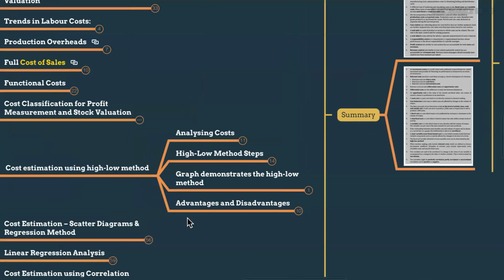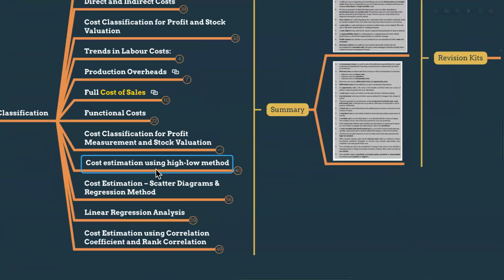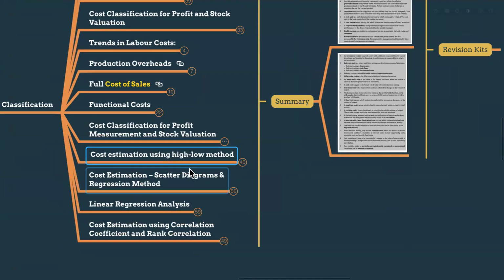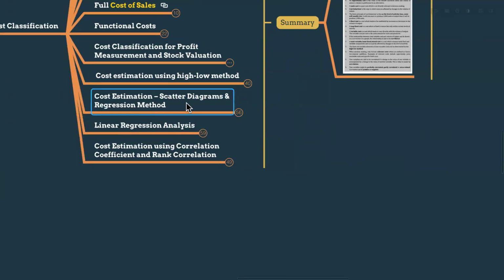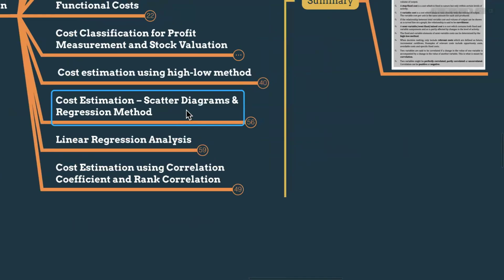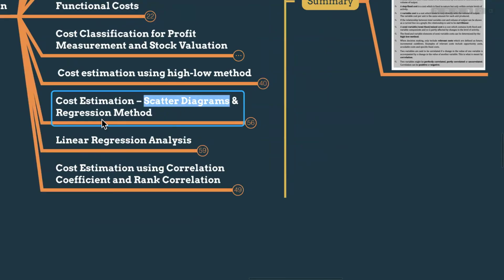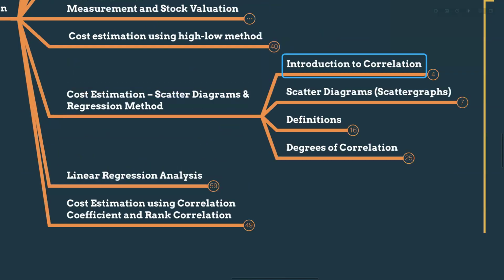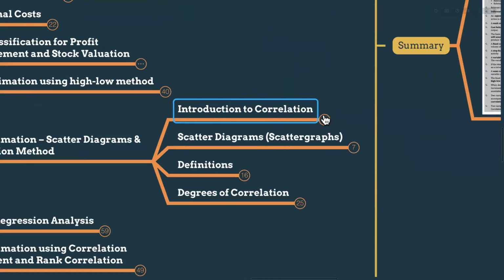Now we will move to the other method. So the cost estimation using the high-low method is done. And the cost estimation we are going to do using the scatter diagram method and regression method. So there are two methods we are going to analyze. The first one is I'm going to introduce something called correlation.